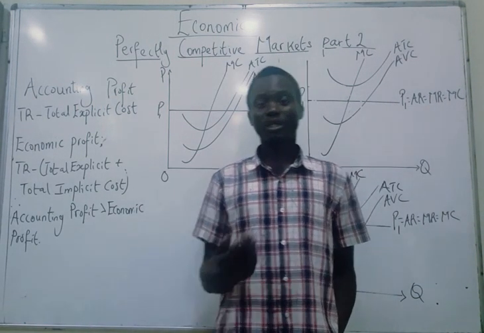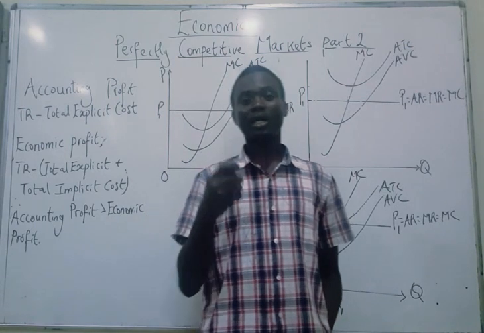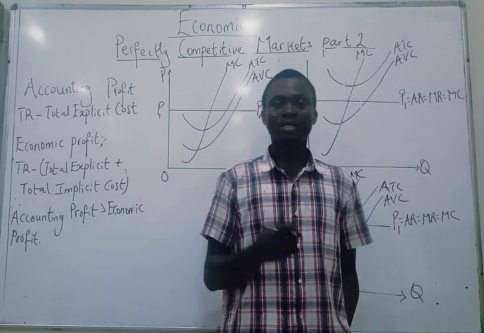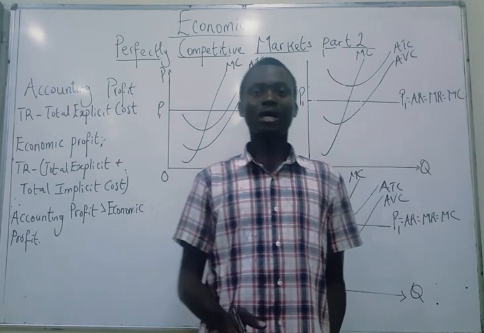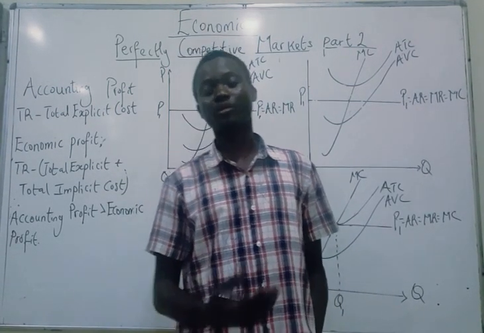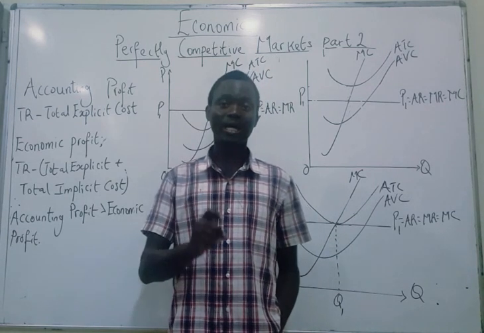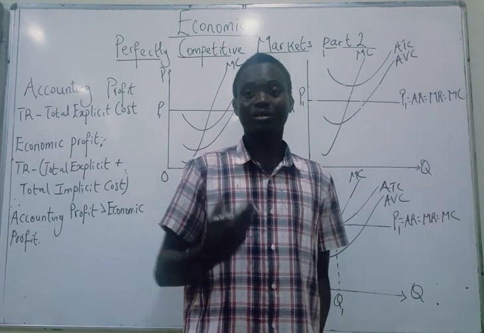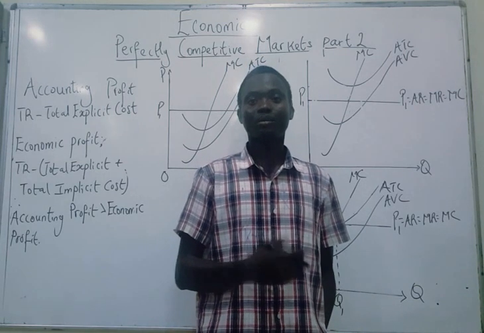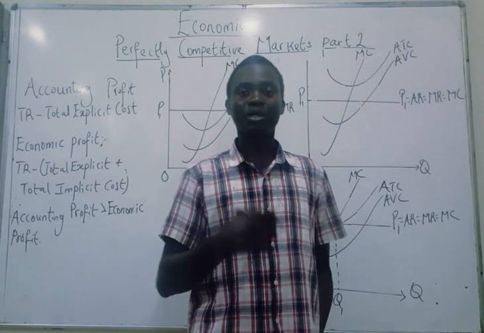An example of an implicit cost is the cost of land that a producer owns without buying it. For example, let's assume that our producer inherited the land from his father or from a friend. He didn't buy it. That is, it didn't cost him anything monetarily, since the land was given to him in one way or the other.